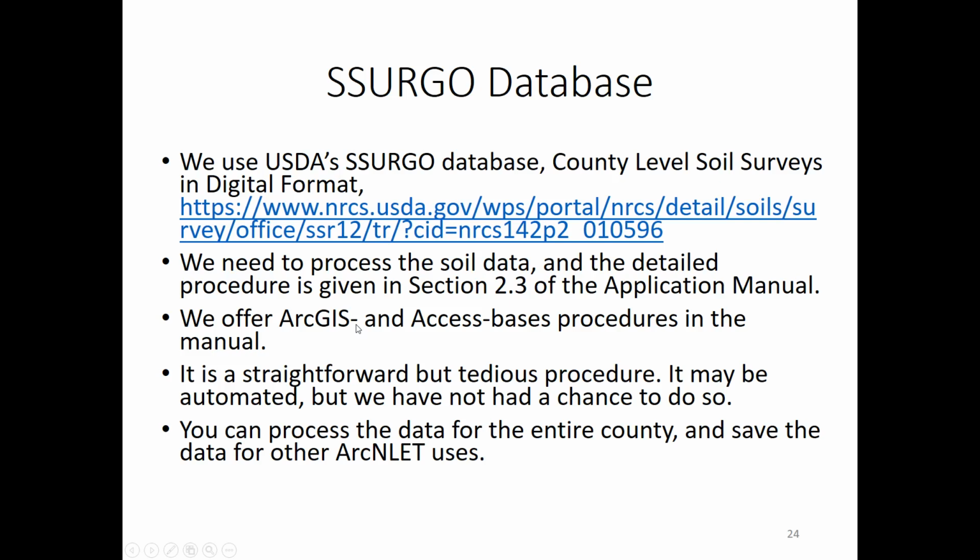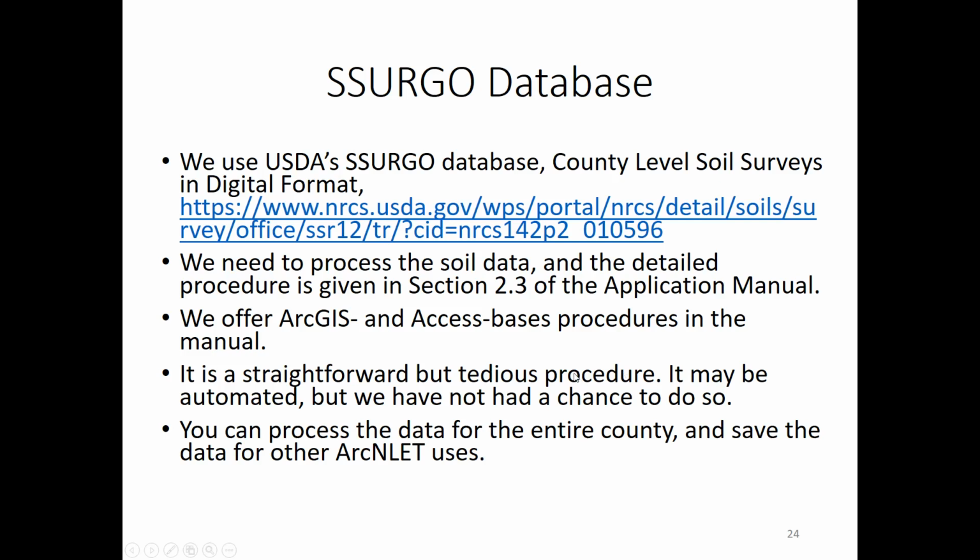You can process it using ArcGIS, or you can process it using Access. This is a database that SSURGO stores and manages all the soil data. And this procedure is straightforward. If you follow our manual, you should be able to process the SSURGO data to have hydraulic connectivity and porosity to generate raster files needed for ArcNLET.